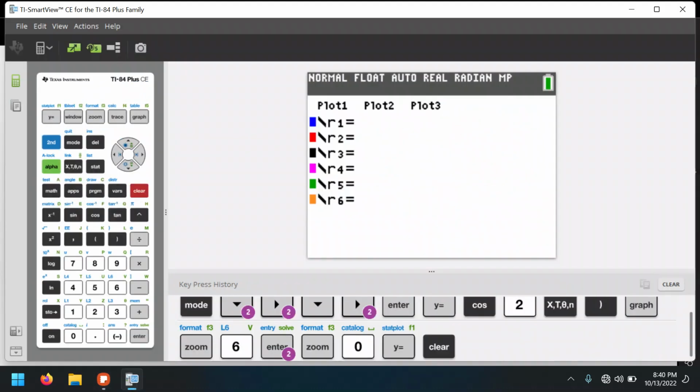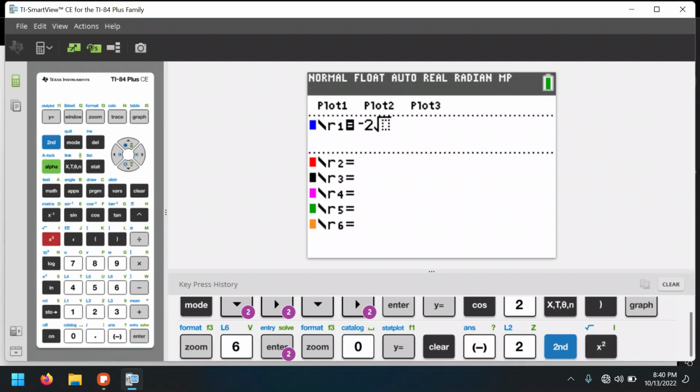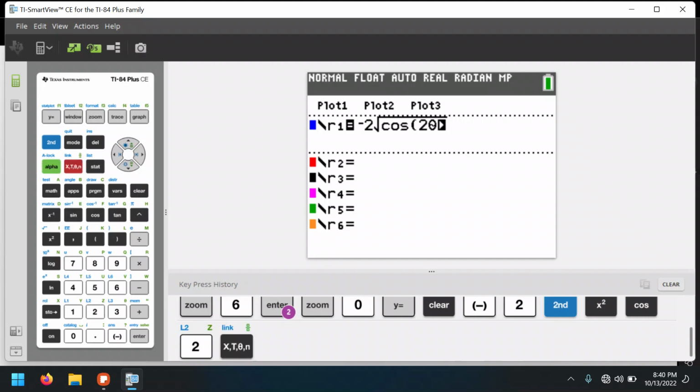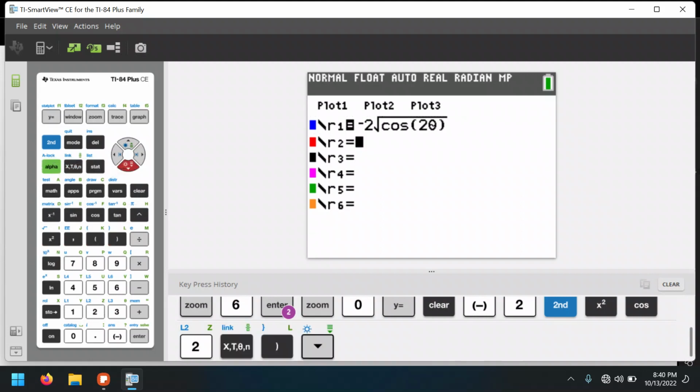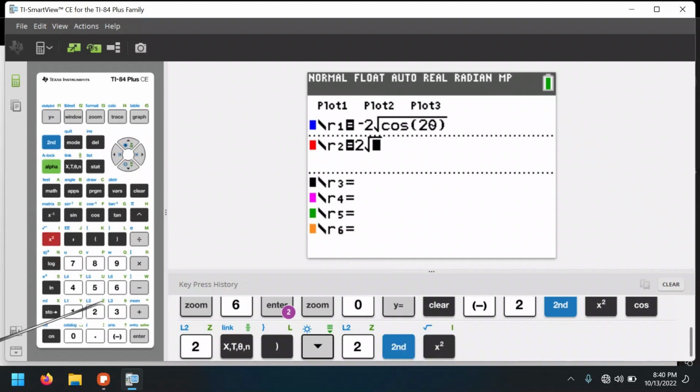Let me clear everything we have. So that's a negative 2 square root of cosine 2 theta, close parentheses, and the positive counterpart, 2 square root of cosine 2 theta.